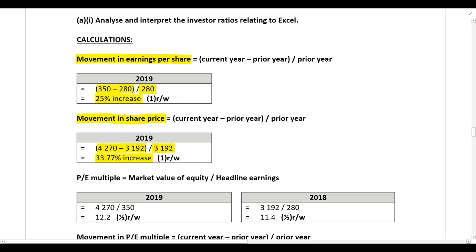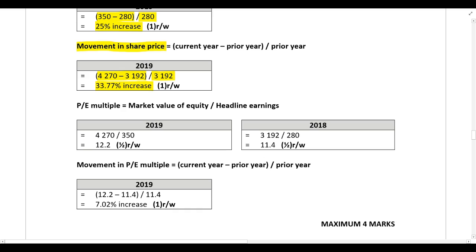All right, then next we said we can also calculate the price earnings multiple, and you calculate the price earnings multiple by taking the market value of equity, or the share price, and dividing by headline earnings. And so obviously this is the official formula, but the only earnings information we have is the earnings per share. So we are going to use the information that we have.